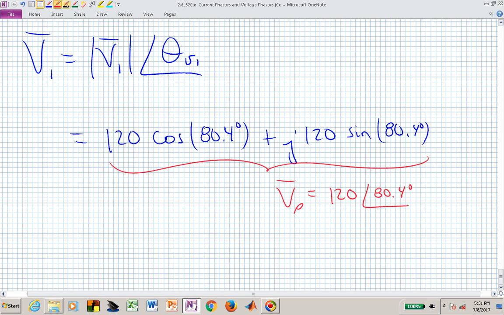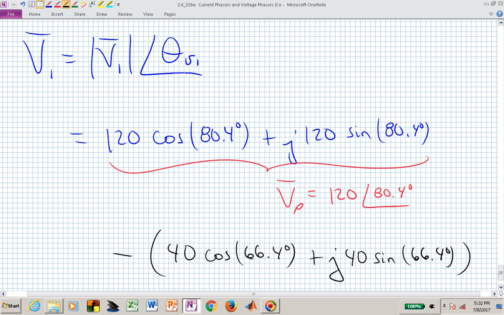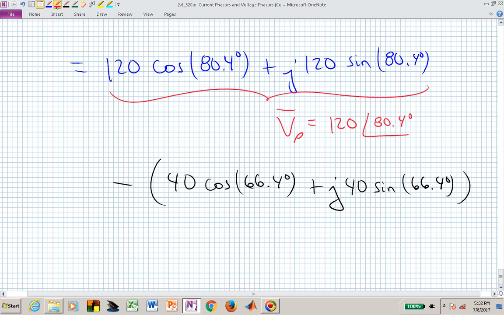But now I need to take away from that V sub 2, which had an amplitude of 40 and an angle of 66 degrees. So there's the real part of V sub 2, and here's the imaginary part. Again, this is now V sub 2, just not written in polar form, but written in rectangular form.